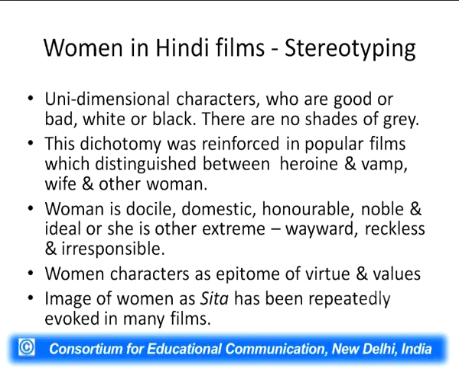The women shown in mythological films have a lot of virtues and values, and they are portrayed in cinema as the ideal woman, and all other women should also follow her in her demeanor and behavior.